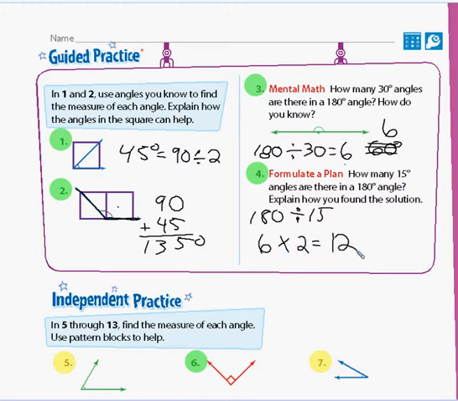So it's going to go into it 12 times because 15 goes into 30 twice. That means 15 is going to go into 180 twice as many times as 30 goes into it.